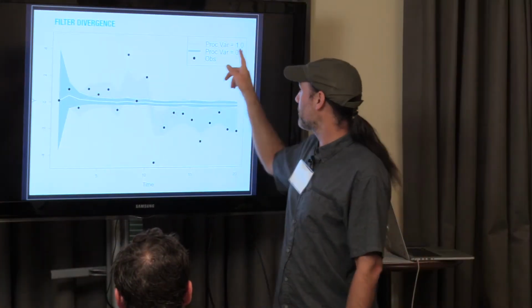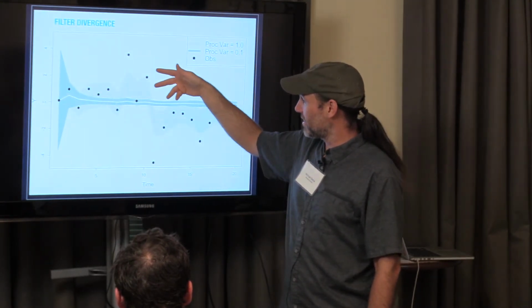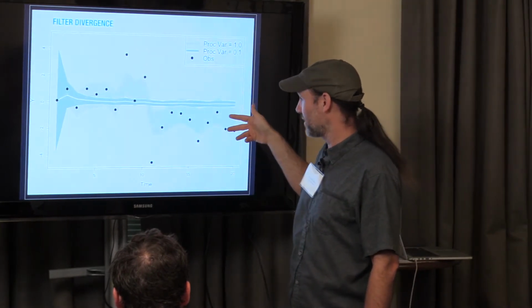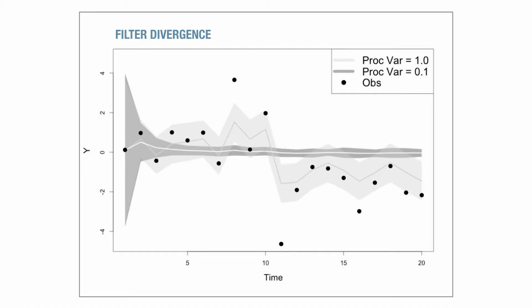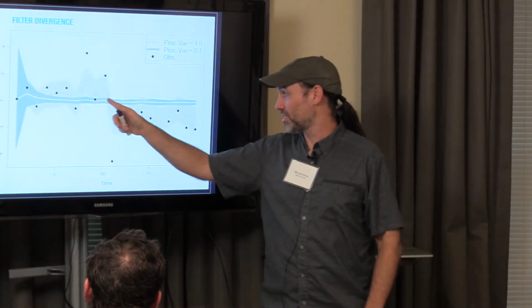In the model with higher process variability, it's following the data, and then there was kind of a regime shift in the data at time 10, and it shifts to the new mean. When there was low process variability, the model observes data, it gains information from that data, it becomes more precise, and so the precision gets more and more, and the regime shift occurs.